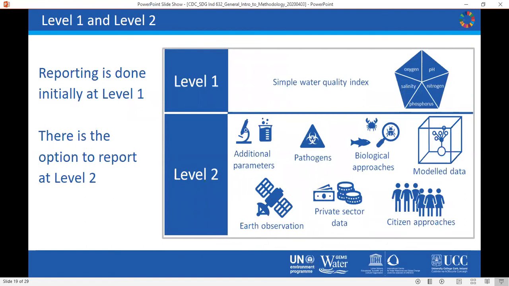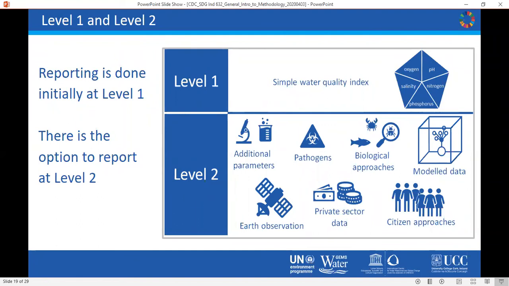Now, reporting for the 2020 data drive is split into 2 levels. Level 1 is the simple water quality index using the core parameters as described above. Level 2 is optional and unconstrained. So countries can report any additional information that they may have on the quality of their waters. Examples include additional parameters that they may be monitoring already.